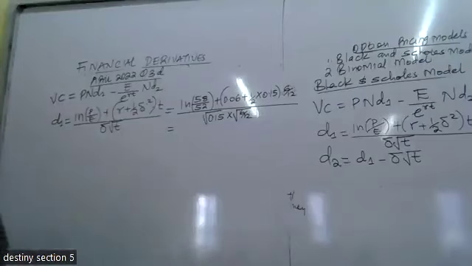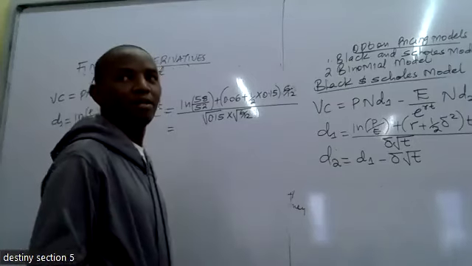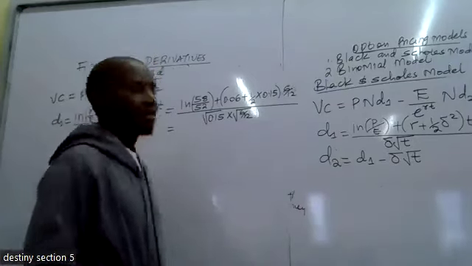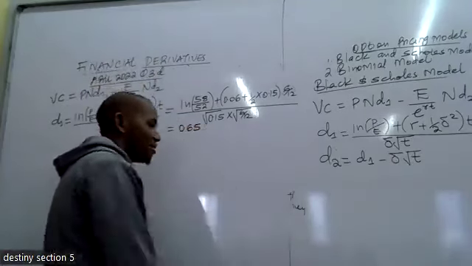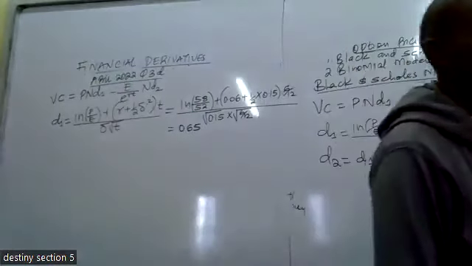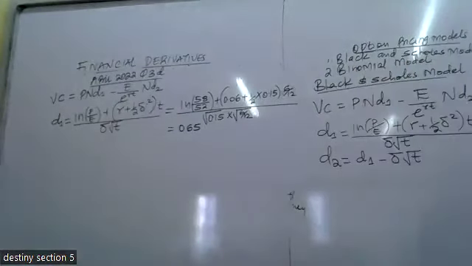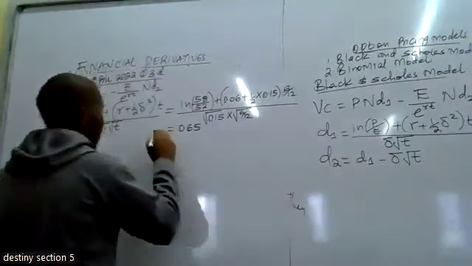You've got a number? About 0.65. You got the numbers? So go to the normal distribution table now. This is our D1.